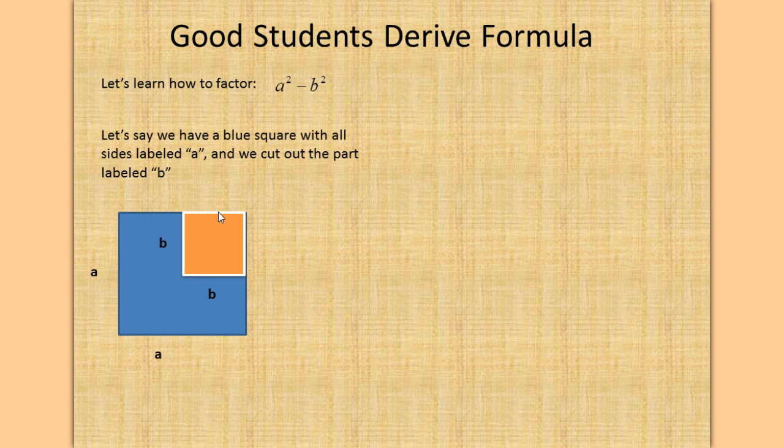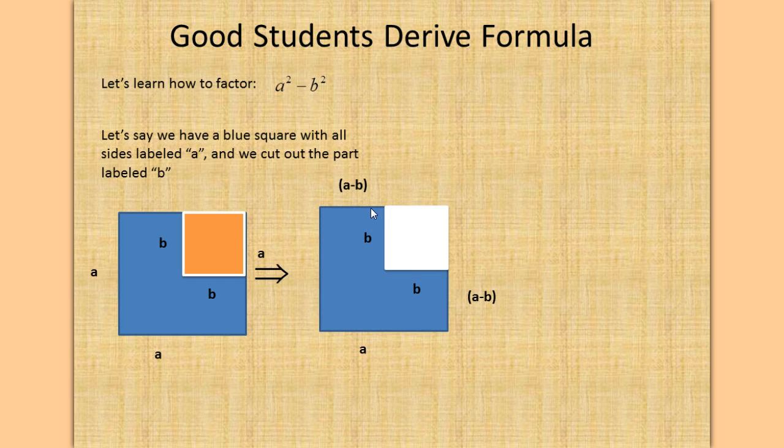Then we measure out a distance called b, whatever that distance is, and we label it. Then we take scissors and cut out b. So now b is gone, and there's a space left in the blue square.